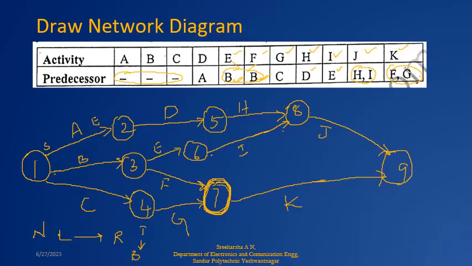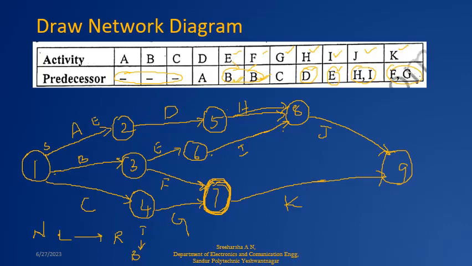So G completed, then H starts after completion of D. So D completes here, then H starts here. Okay, I'll terminate it to one node. Okay, so then again, if you observe, I starts after E. So E completes here, I starts here.